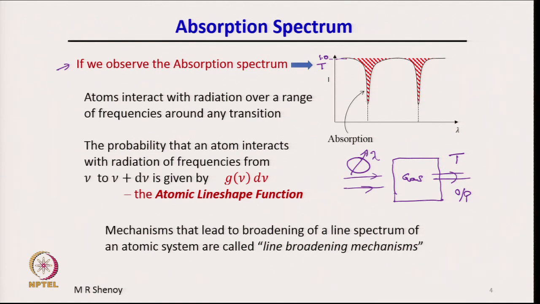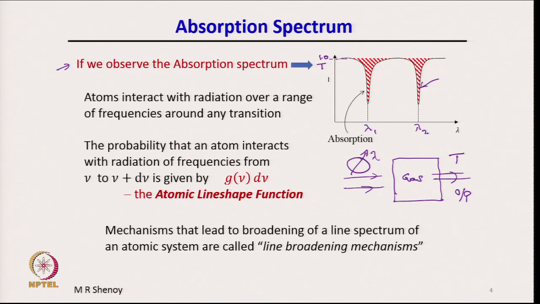What is shown is the absorption spectrum, in which we see transmission dips. The dip is because of the wavelengths, let us say these are wavelengths lambda 1 and lambda 2, around which the atomic system resonantly absorbs.